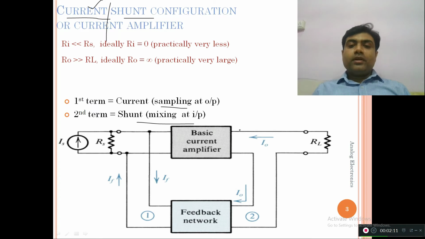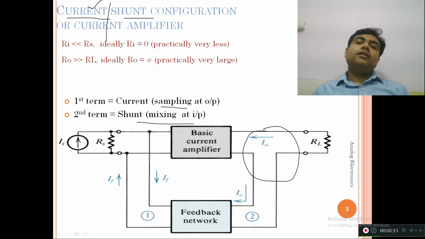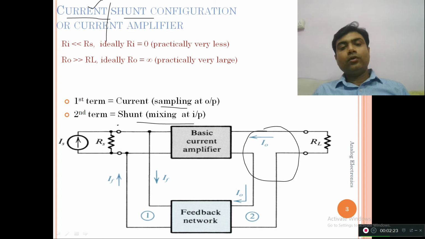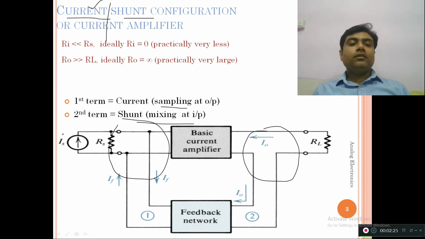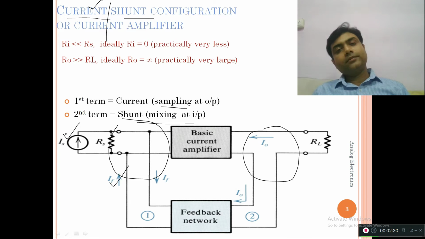When sampling of the current is done, it is done in the series circuit, as we have already shown in the diagram. And when we mix it in the shunt form, we are mixing the feedback current with the source current.